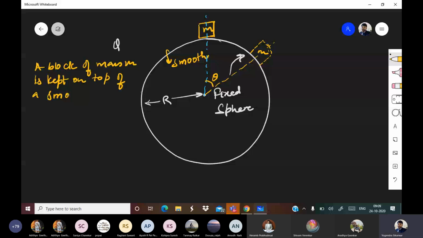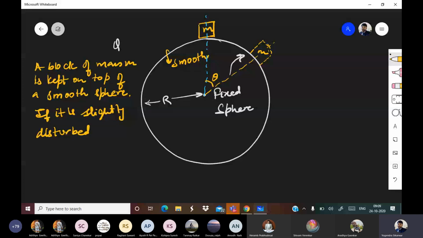A block of mass m is kept on top of a smooth sphere. If it is slightly disturbed, it starts slipping.